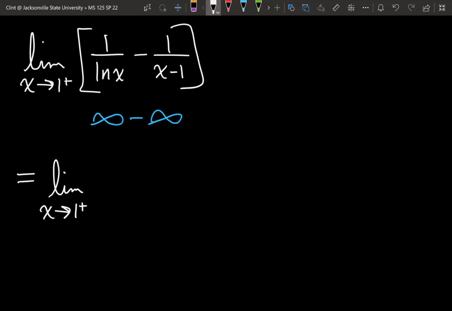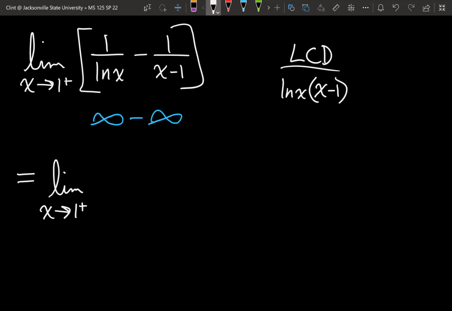Our common denominator is not all that hard to get. It's just ln of x times x minus 1, or x minus 1 times ln of x.